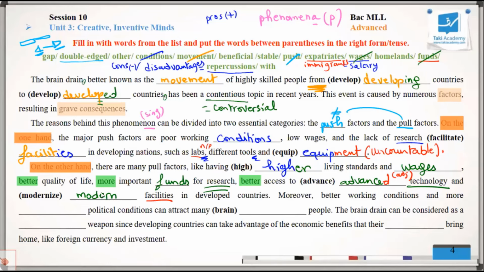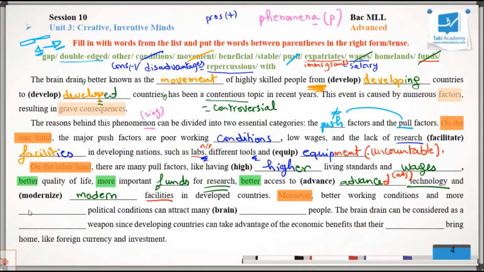In developed countries, moreover, now I'm adding another point. Moreover, better working conditions and more political conditions. Now, for example, Ukraine now is in war. So yes, the conditions there are not stable.